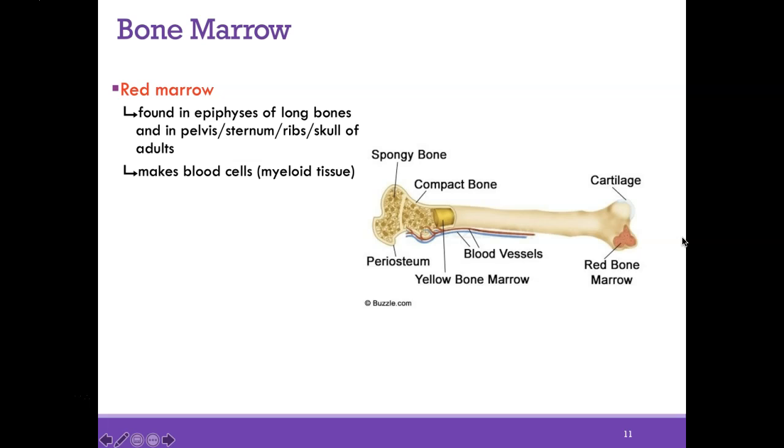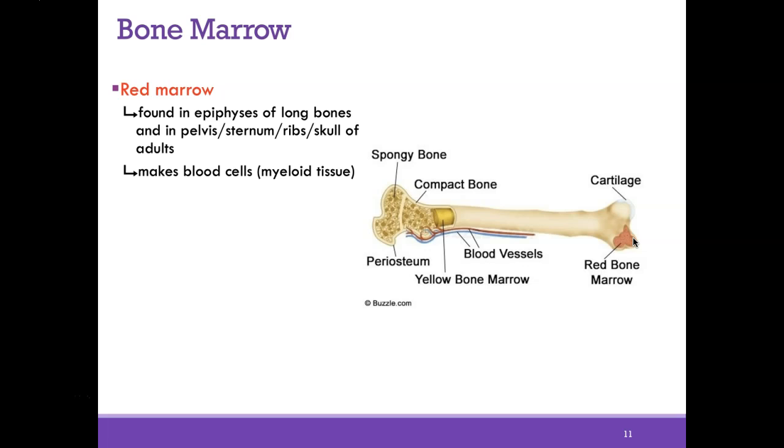Within the epiphyses of long bones, we have red bone marrow. Red bone marrow is found in the epiphyses of long bones, also in the pelvis, sternum, ribs, and the skull. So flat bones also have red bone marrow in them as well.